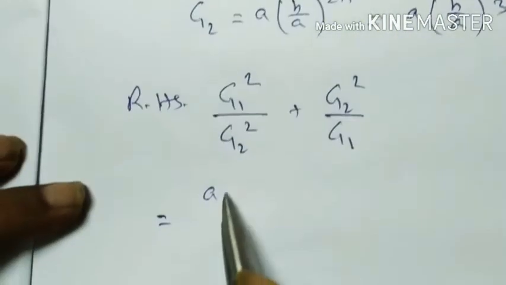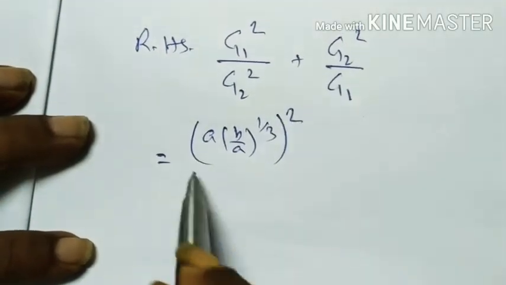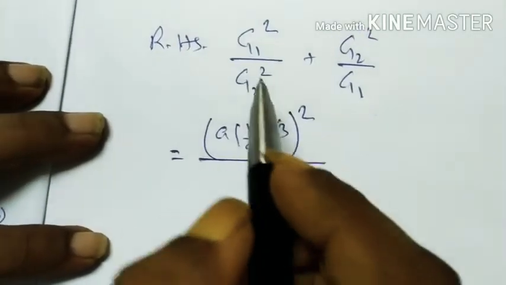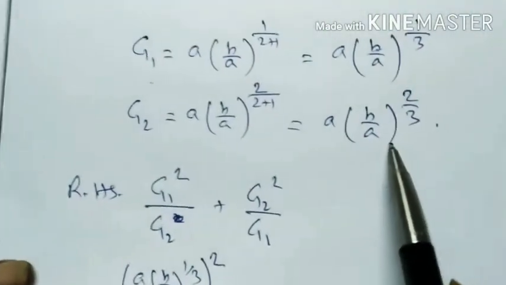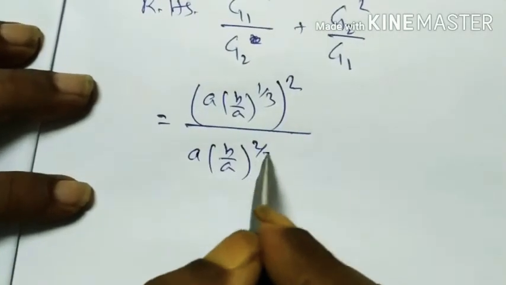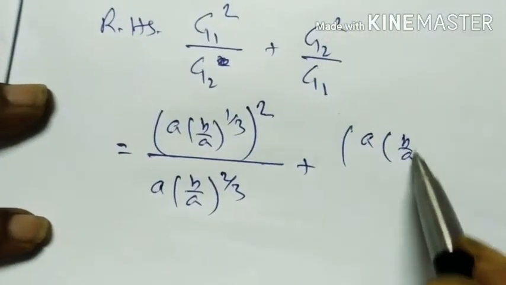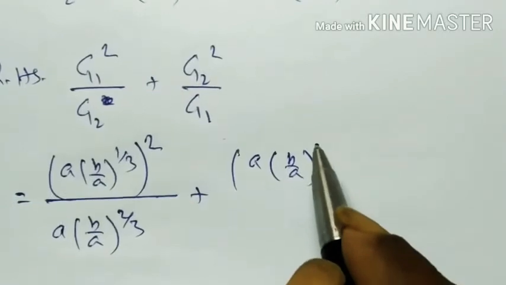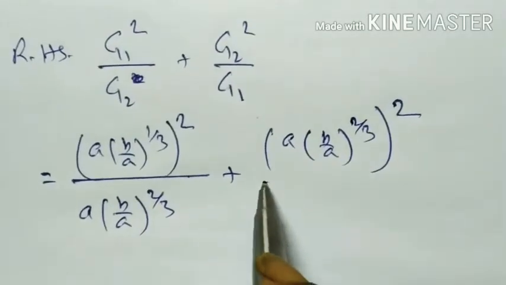So a times (b by a) to the whole power 1 by 3, to the whole power 2, and G2 will be this, a times (b by a) to the whole power 2 by 3, plus now G2 square, this is G2 square. So a times (b by a) to the whole power 2 by 3, to the whole power 2, and now G1, this is your G1.